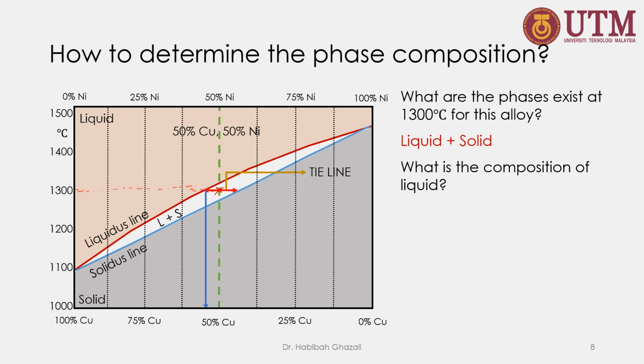Here we know that our liquid at 1300 degrees Celsius consists of 55.25% copper, and the rest inside that liquid consists of 44.75% nickel. So our liquid has this composition.